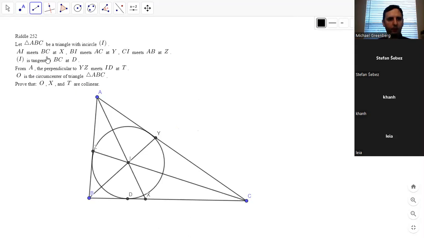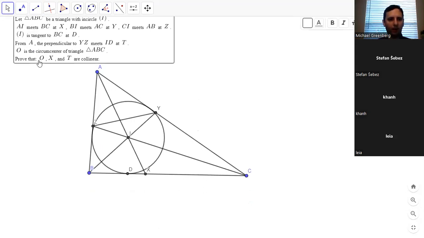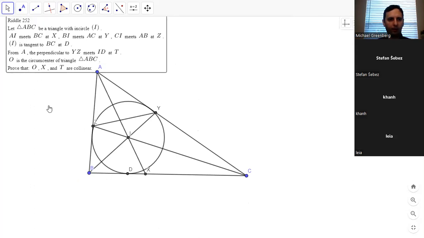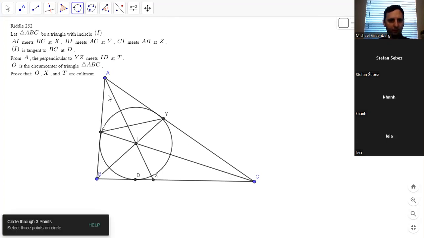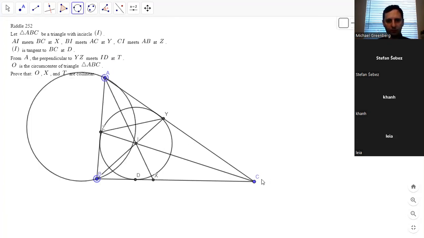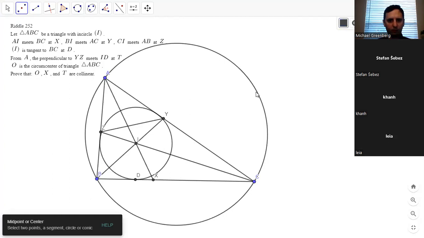And the perpendicular to YZ through A meets IB at point T. Okay, so O is the circumcenter of ABC. So let's draw that using the center tool.